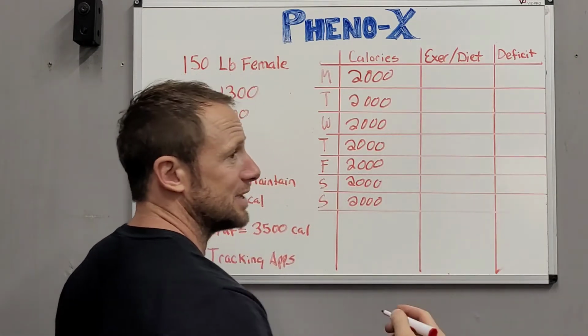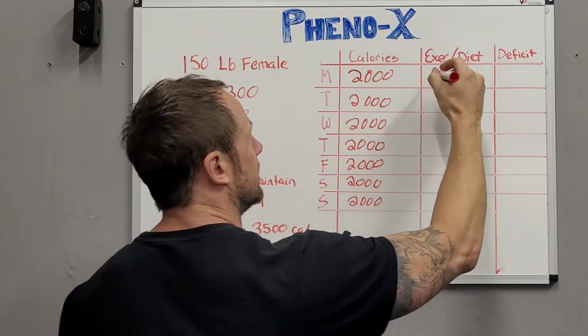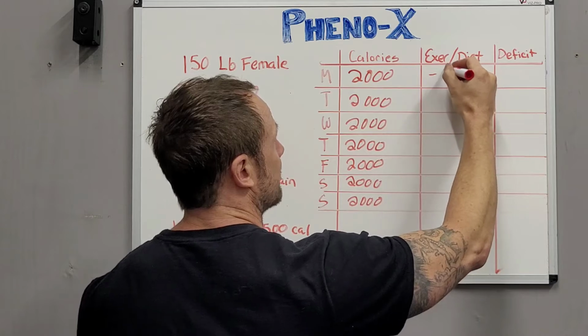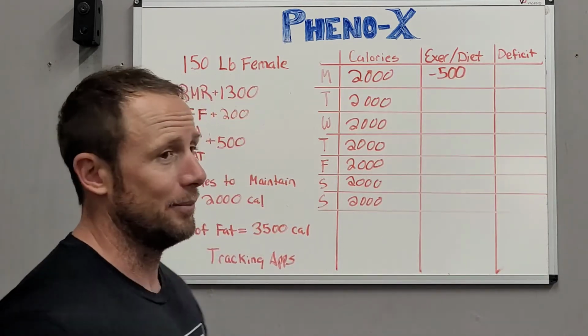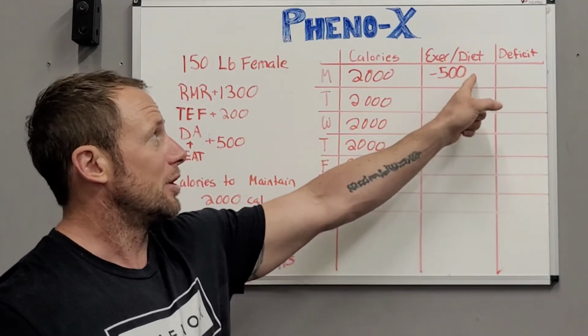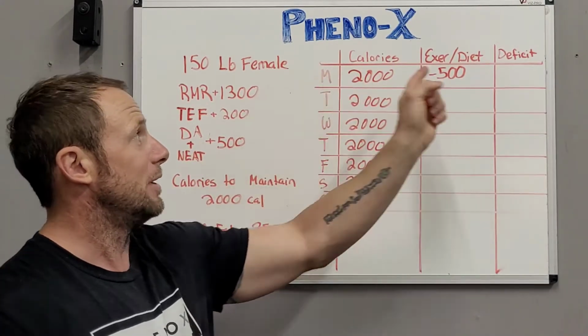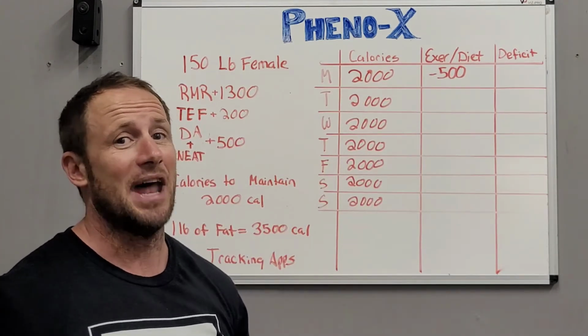So when we exercise, we burn calories because calories are units of energy. So let's say we burn 500 calories within a workout. And I'm going to explain something right now that's really important. For you to burn, especially as a 150-pound female, 500 calories within, let's say, an hour, it's not going to happen.